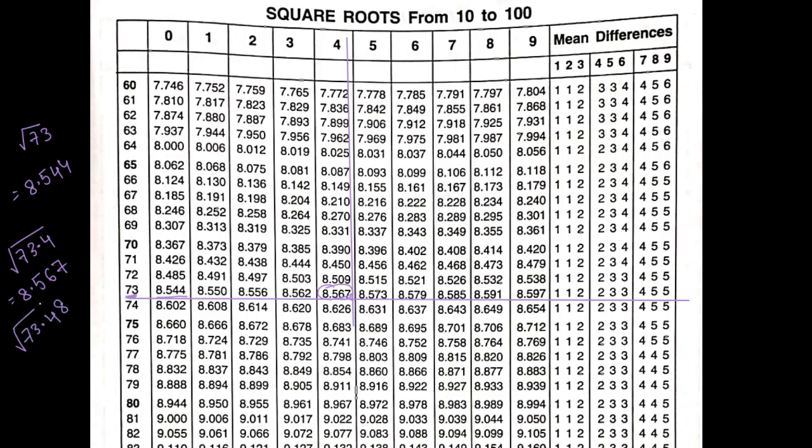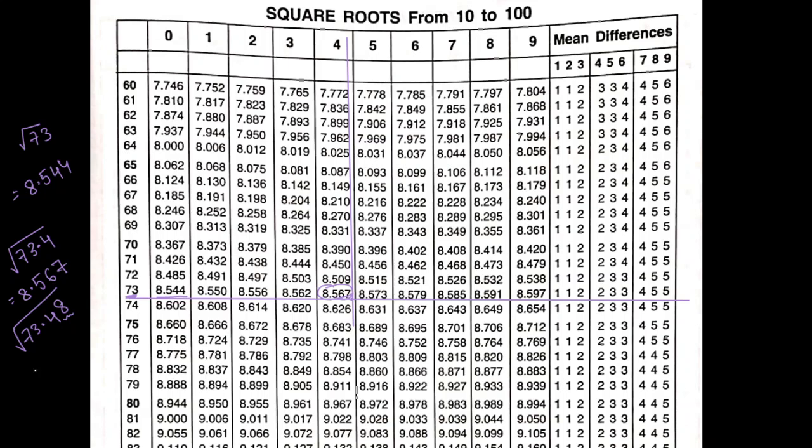Suppose I had two decimal places, say the square root of 73.48. We've already found the value for 73.4, which is 8.567. Now for the 8 which is left over, you have to look at the mean differences column.